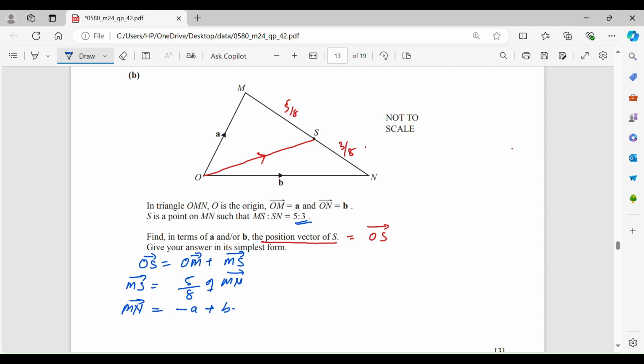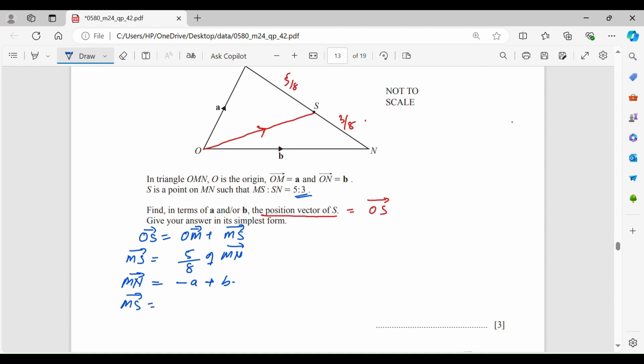So MS vector will be equal to 5/8 bracket minus A plus B. Now OS vector will be equal to OM vector. OM is A plus 5/8 bracket minus A plus B. We are substituting the value in this equation, right?